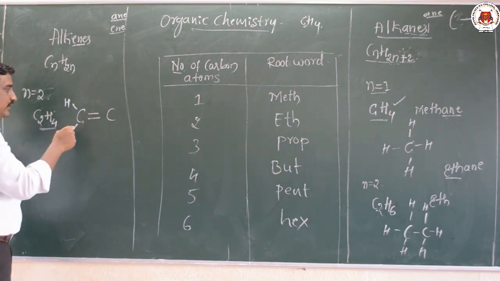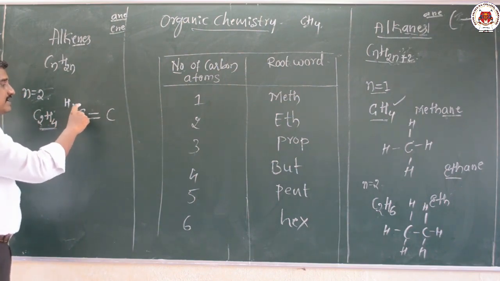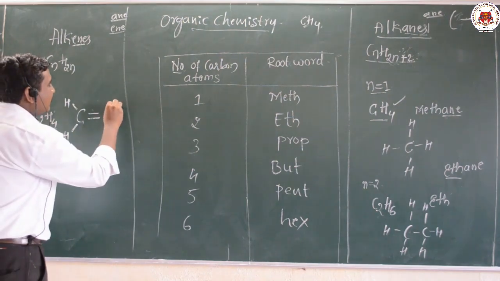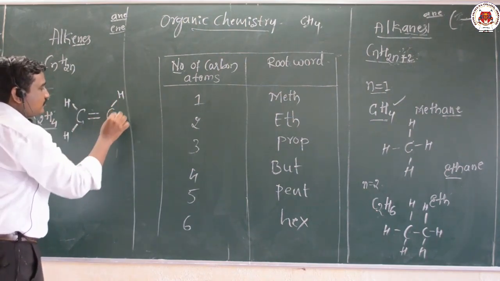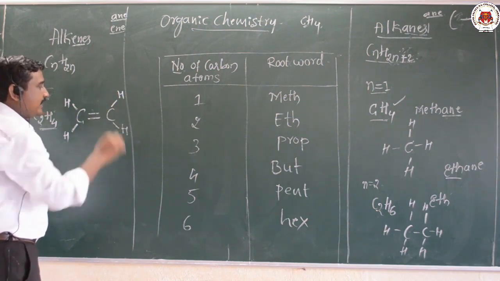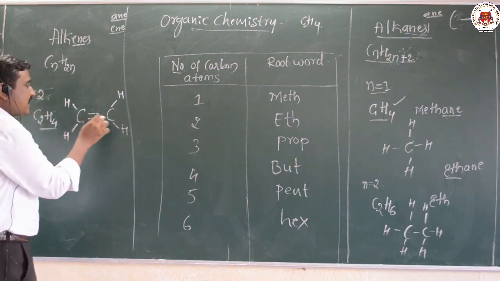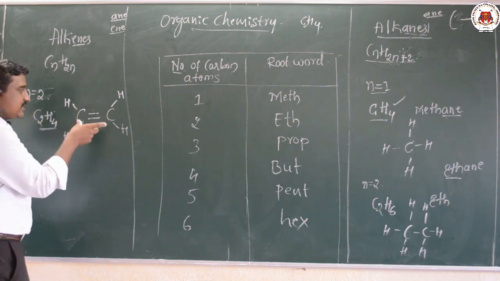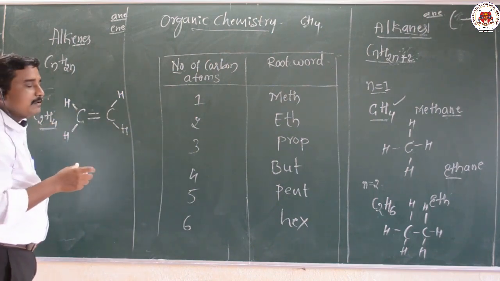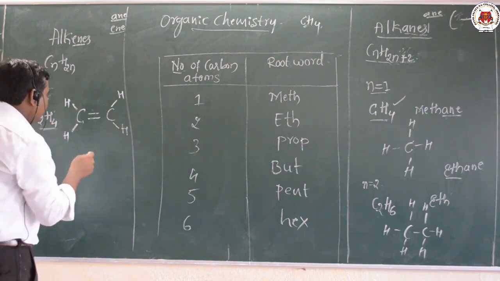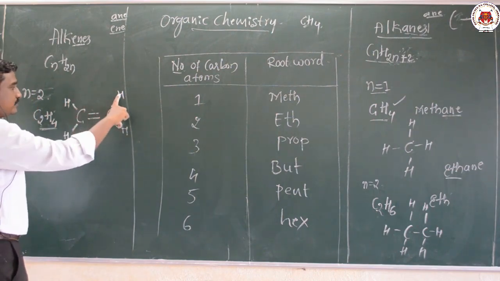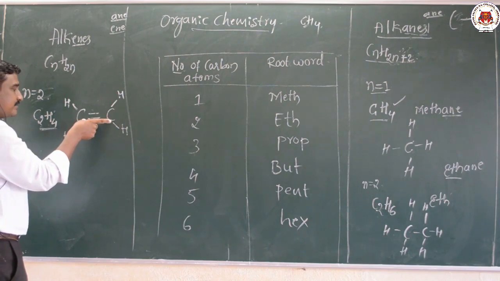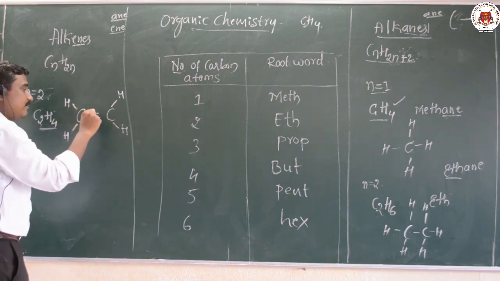Here 1, 2, 3, 4, this carbon satisfied its tetravalency. Similarly, this carbon has 2 bonds here, so I will write 2 more bonds with hydrogen atoms. Now each carbon atom present in this molecule satisfied its tetravalency. Now this has 4 hydrogen atoms and 2 carbon atoms, and there is 1 double bond.